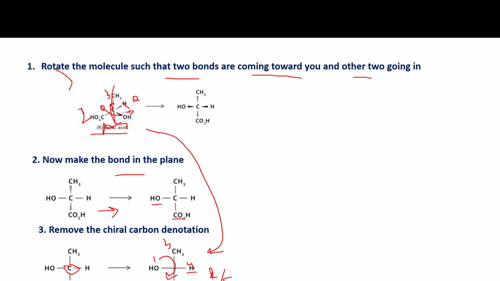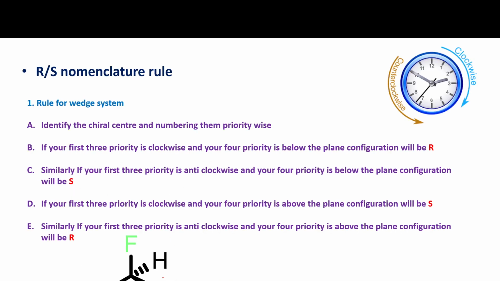If the rotation is clockwise, then that will be S, and if the rotation is anti-clockwise, then that will be R. So now the rotation is anti-clockwise and your fourth priority is horizontal, so this will be your R. And the original lactic acid is also R, so they are matching. So what we have drawn here will be the right one. So from the wedge-dash to the Fischer configuration, we are making it right.